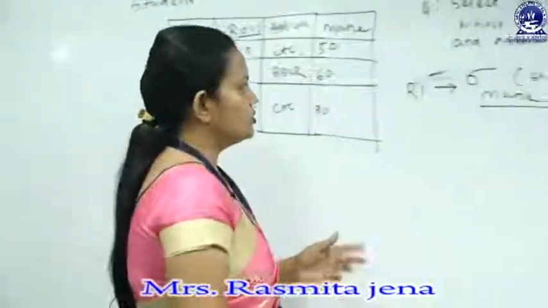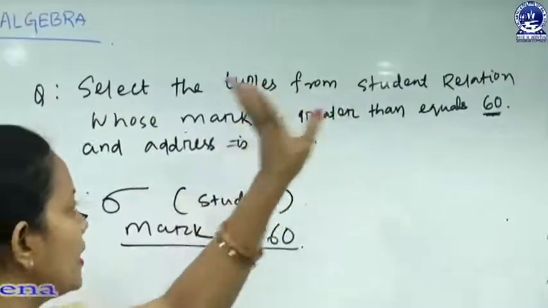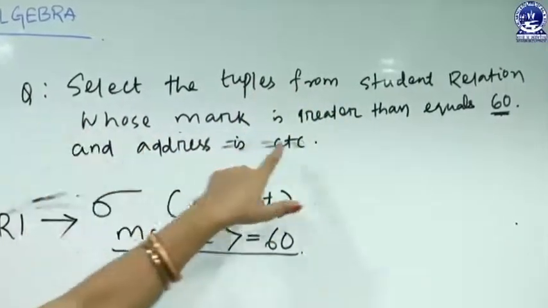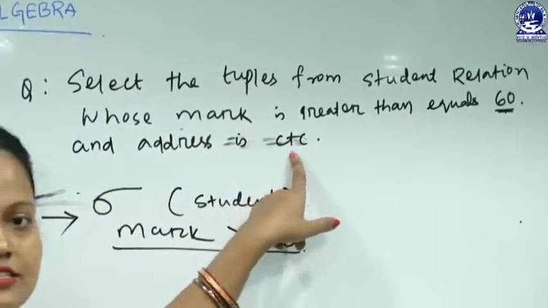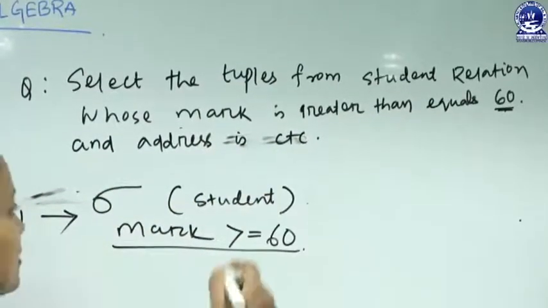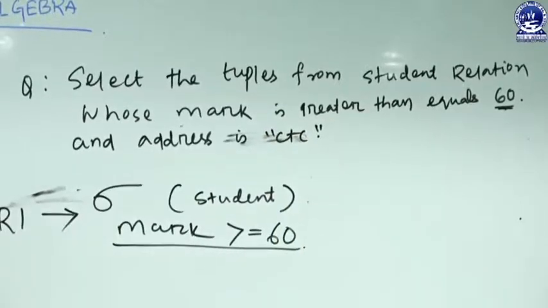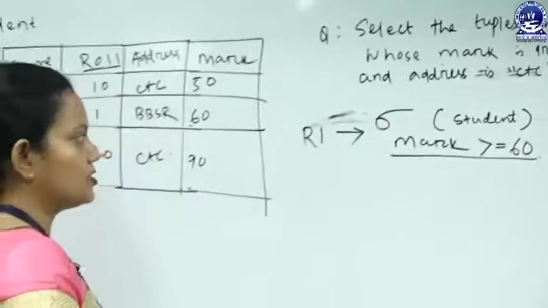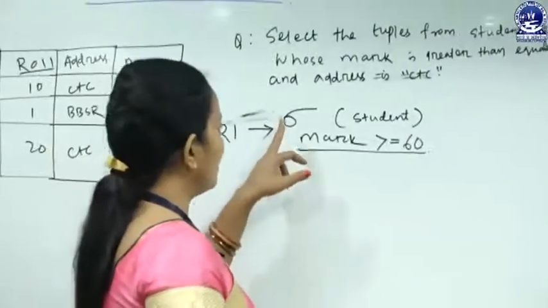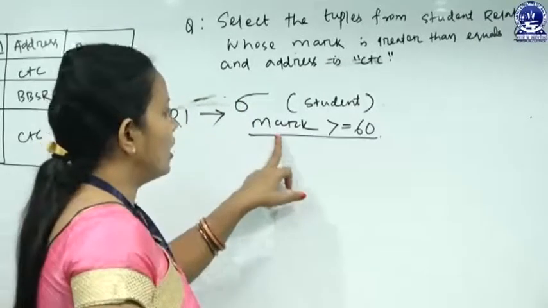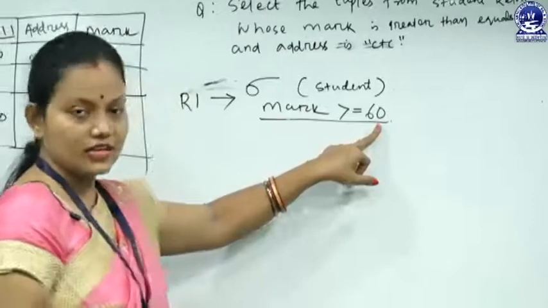Suppose the given query is: select the tuples from the student relation whose mark is greater than or equal to 60 and the address is CTC. Mark is greater than or equal to 60, address is Cuttack. For that we will write the selection operation expression. In the first example I only wrote mark greater than or equal to 60, because only that condition was given.